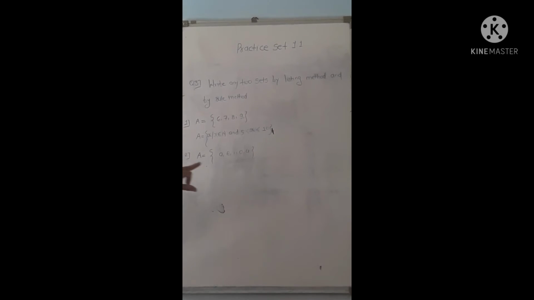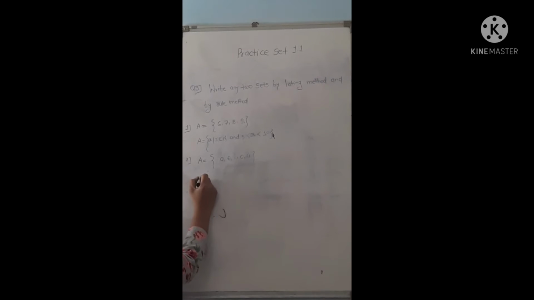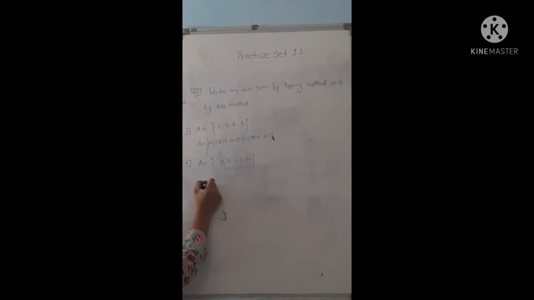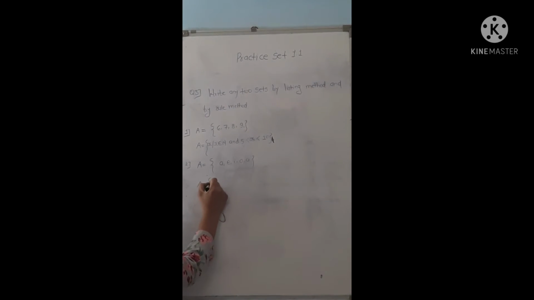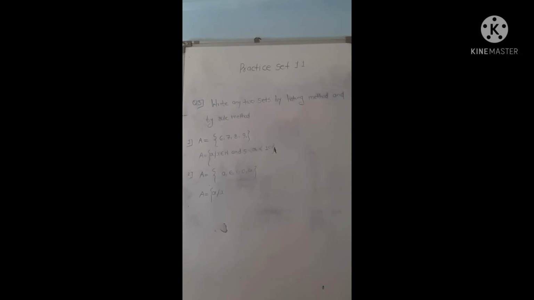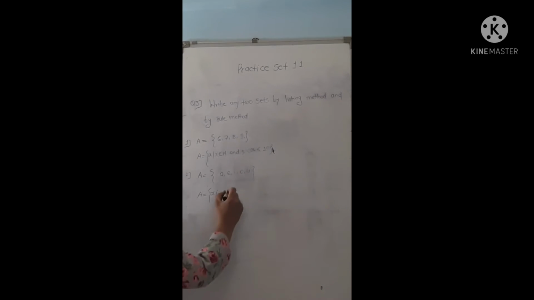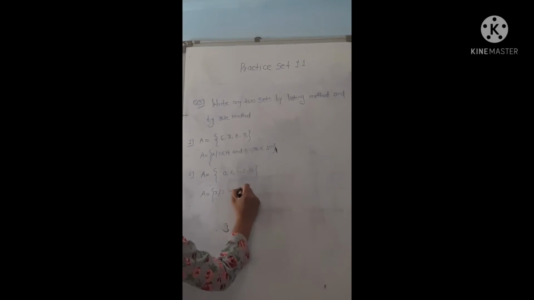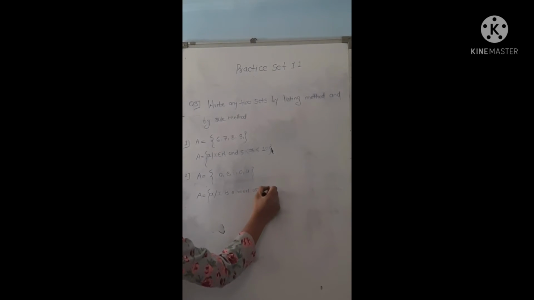The same set written by rule method: A is a set of X such that X is a vowel of the English alphabet.